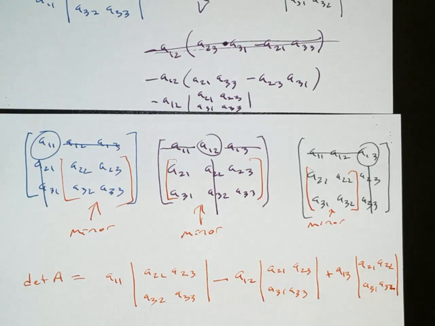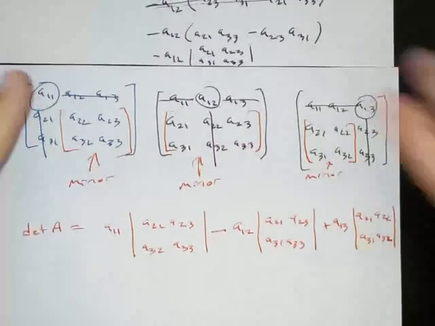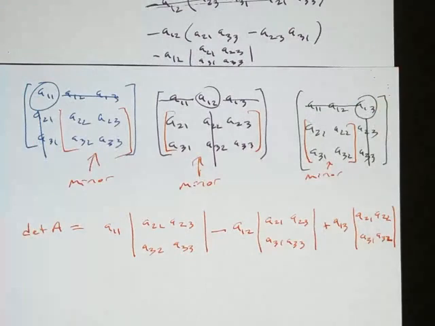And those smaller determinants come from crossing out the row and column from the number that's on the outside.